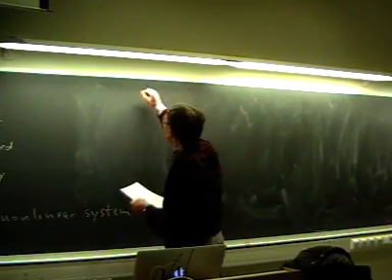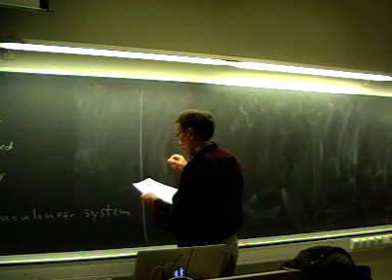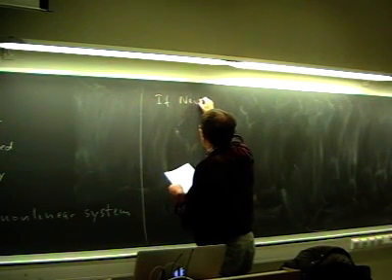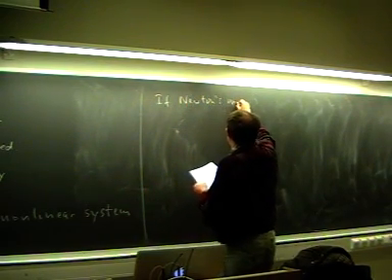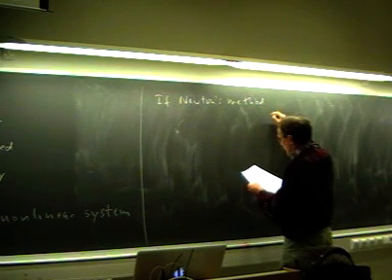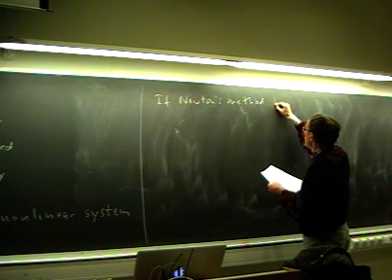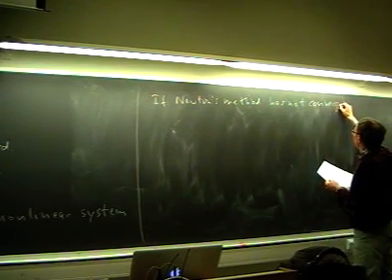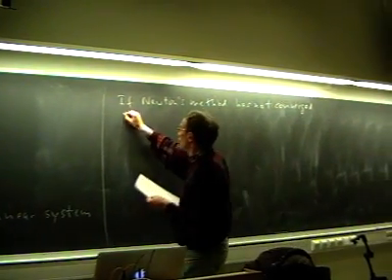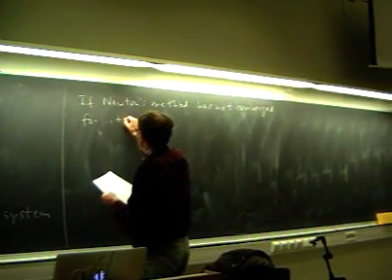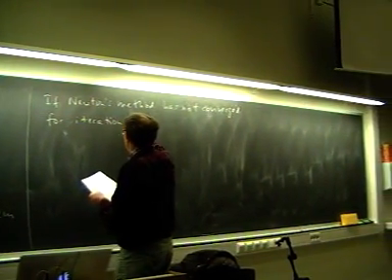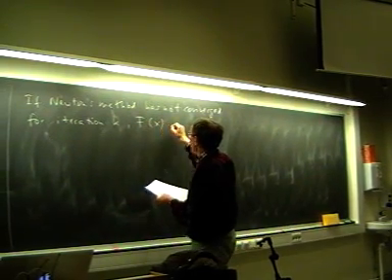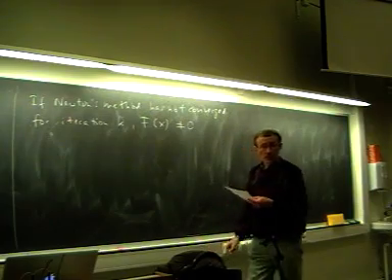So, if Newton's method has not converged for iteration k, then that means that f of x is not 0.